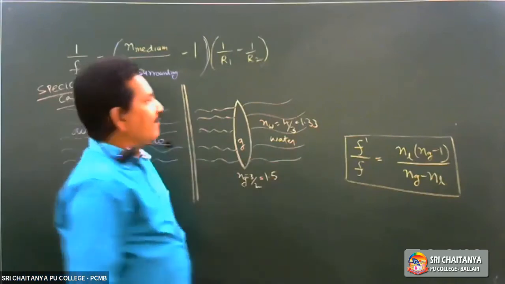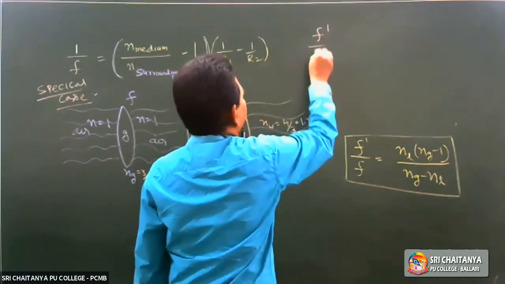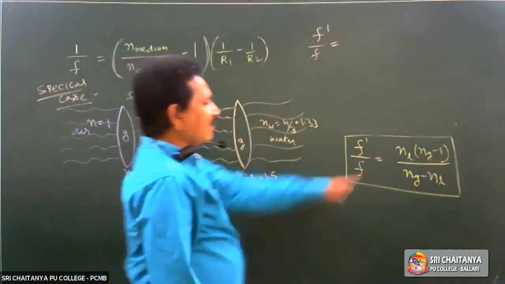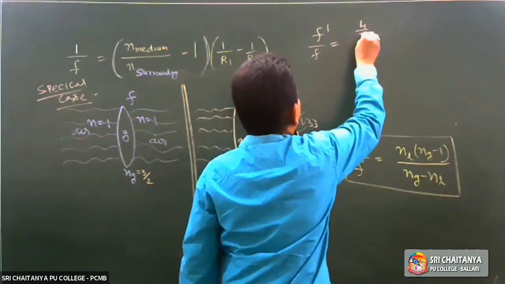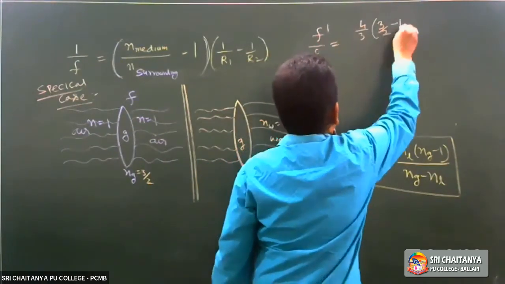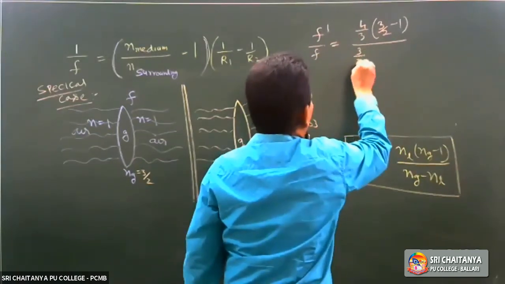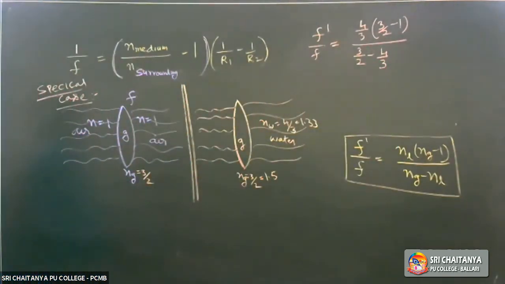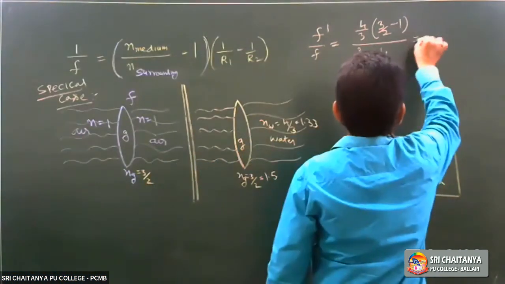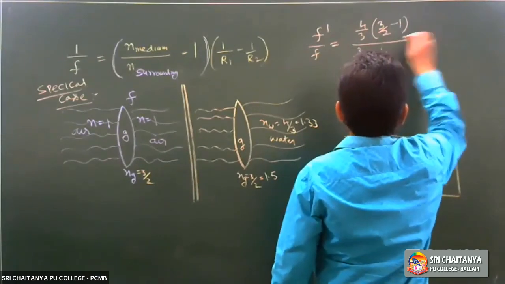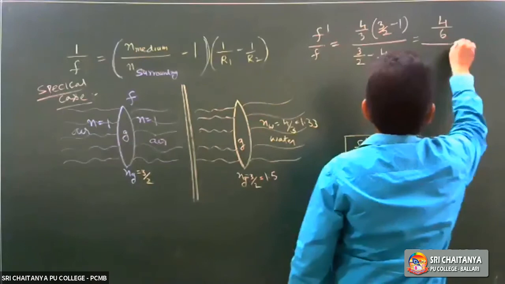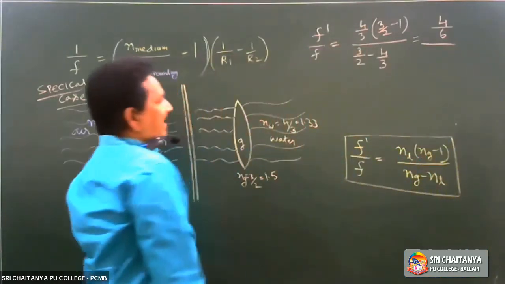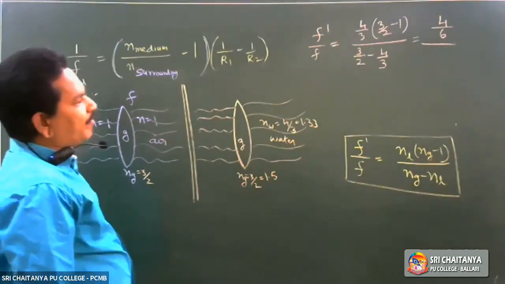F dash by F is equal to NL value 4 by 3, into (3 by 2 minus 1) divided by (3 by 2 minus 4 by 3). Numerator: 3 by 2 minus 1 is 1 by 2.